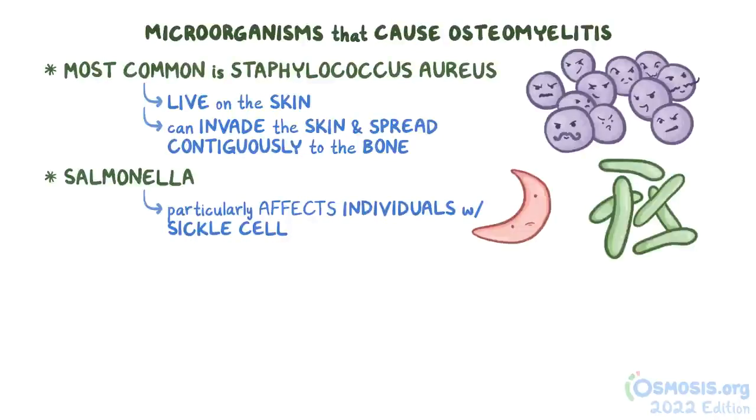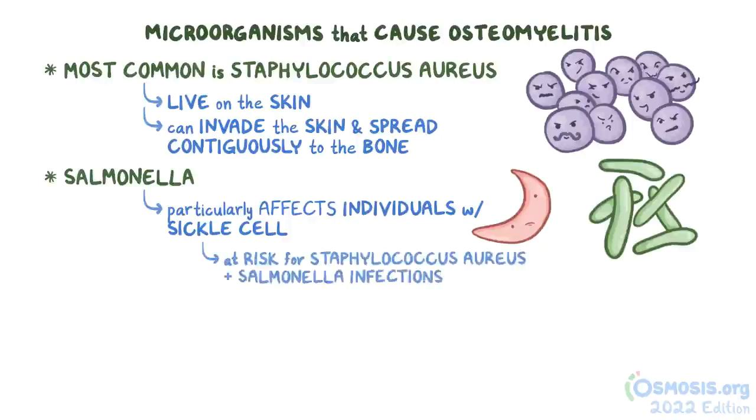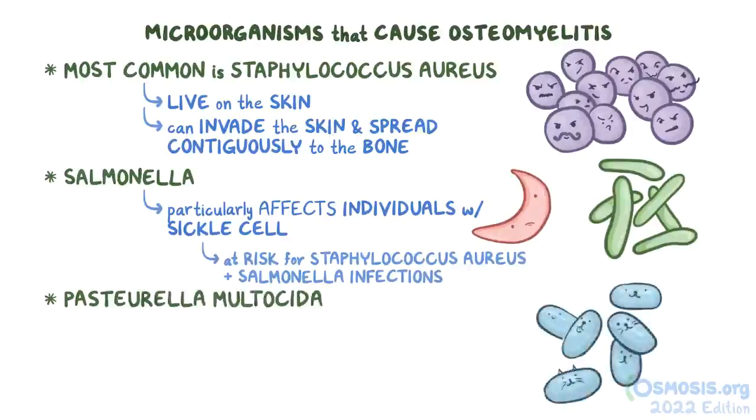Unfortunately, individuals with sickle cell disease are therefore at risk of getting both Staphylococcus aureus as well as Salmonella infections. Another pathogen is Pasteurella multocida, a pill-shaped bacteria. It usually spreads from the skin to the bone from a bite or scratch from a cat or dog.